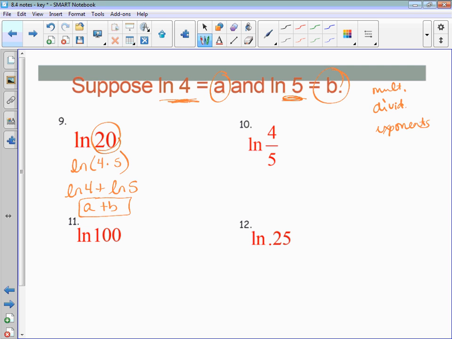All right, so you guys try 10, 11, and 12. Only using 4s and 5s. You can do it.